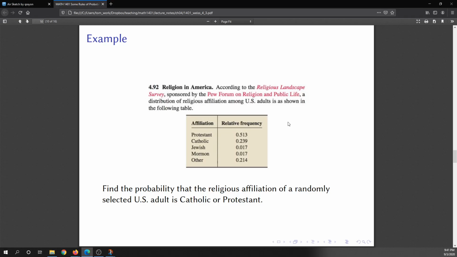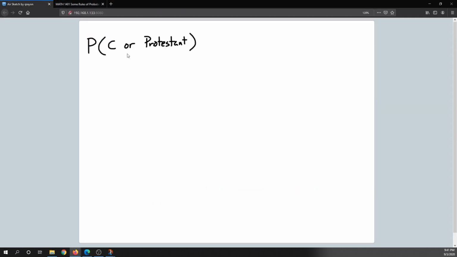Okay, so we want to calculate the probability that a randomly selected person is Catholic or Protestant. I'm going to spell out Protestant because it starts with a P and looks like the symbol for probability.